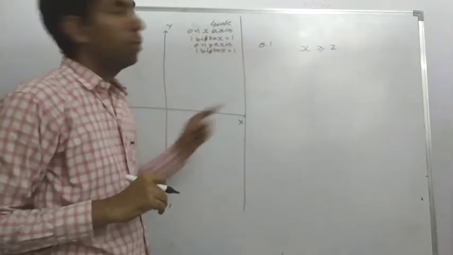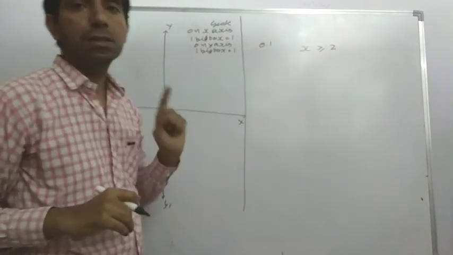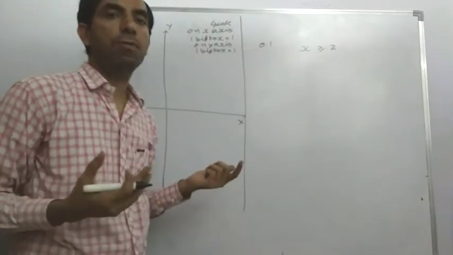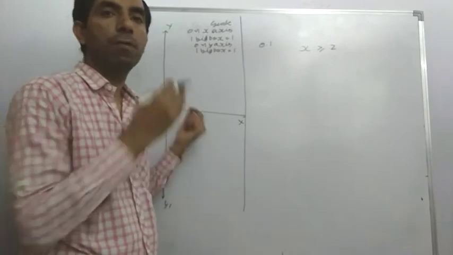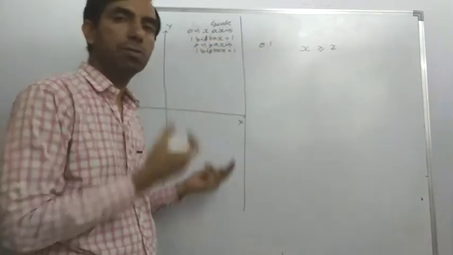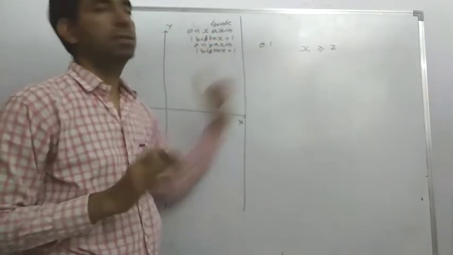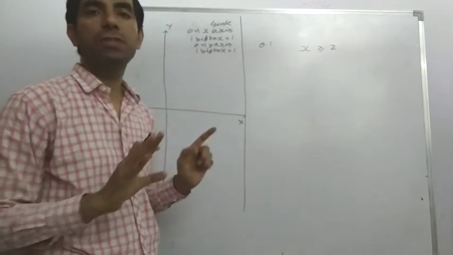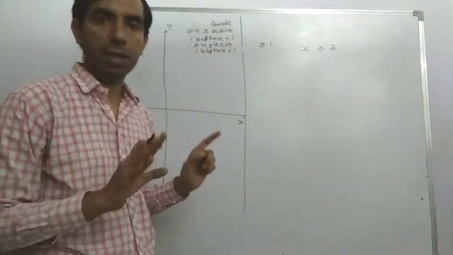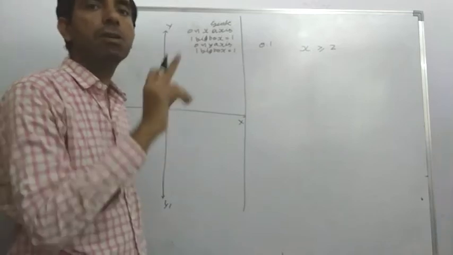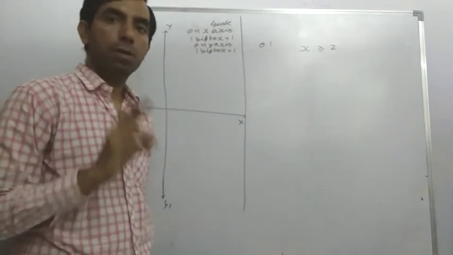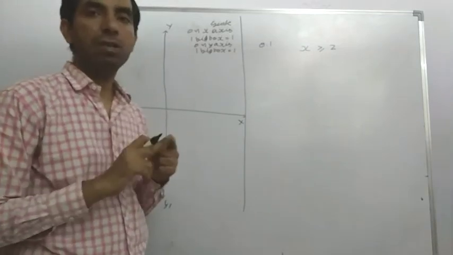So now we have the value x greater than or equal to 2. We do not need to transfer any coefficient from the left side to the right side, because x is single, it has no coefficient or denominator. So first we represent the line x equal to 2.